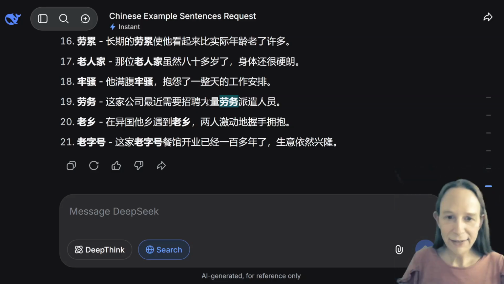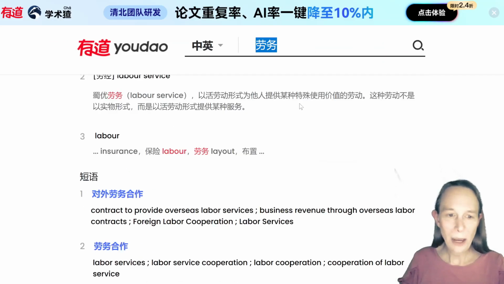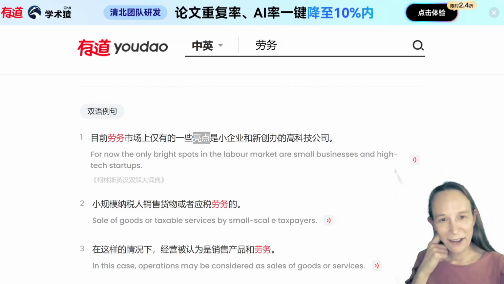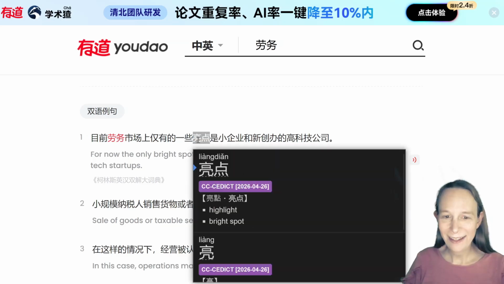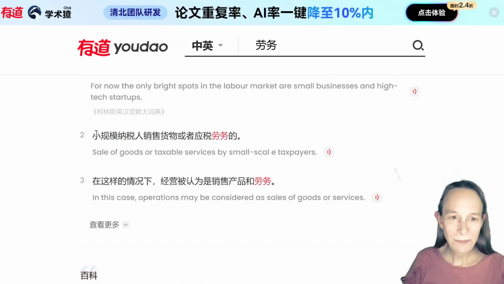What did the AI give us? That wasn't very good. 劳务. 目前劳务市场 the labor market 上仅有一些亮点. Oh, we studied that one. 亮点 bright spots. Highlights. Yeah, all right, let's move on.